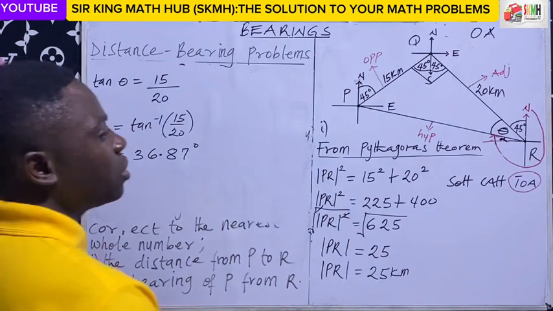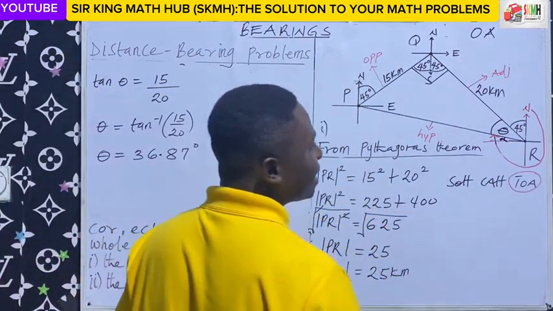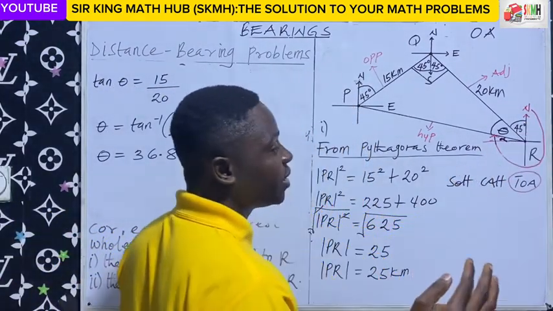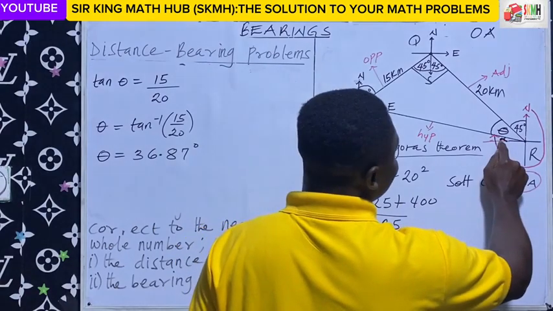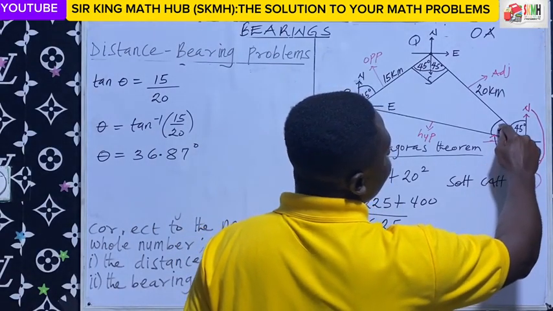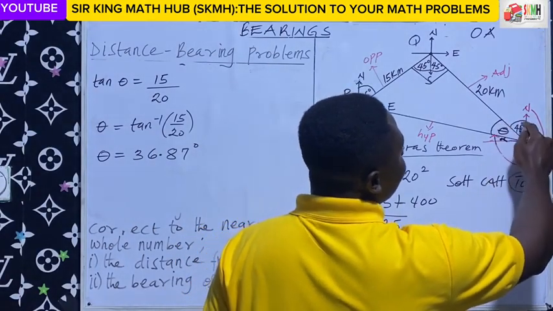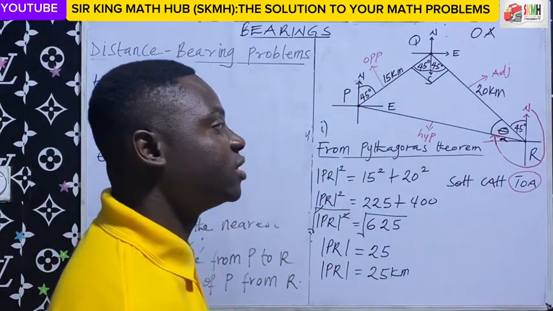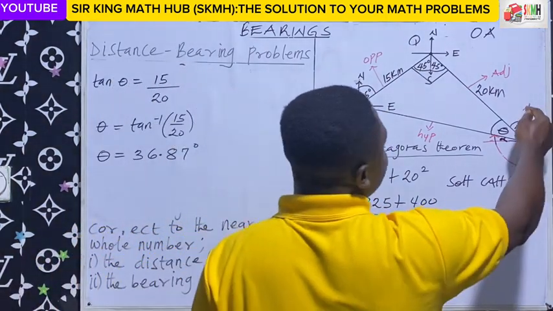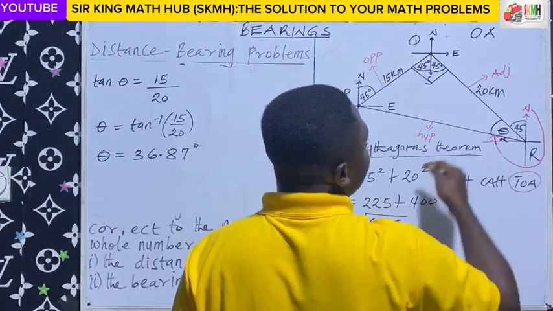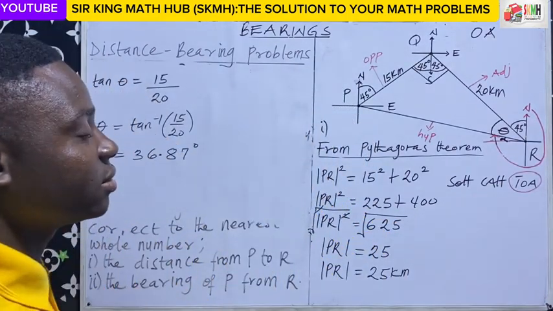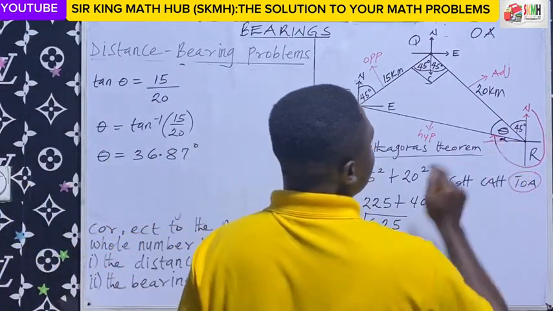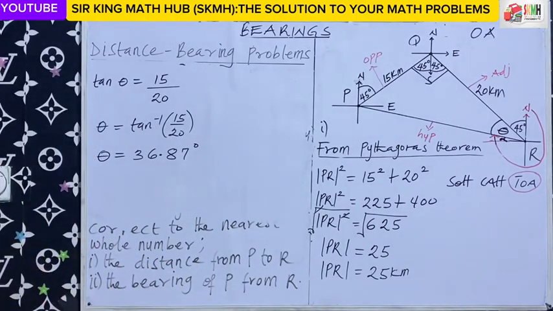Now, let's focus on this quadrant. You see that this quadrant has been divided into three. One part measuring alpha, one part measuring theta, one part measuring 45 degrees. And we know that the total measure of a quadrant is 90 degrees. So let's do substitution and solve for alpha.